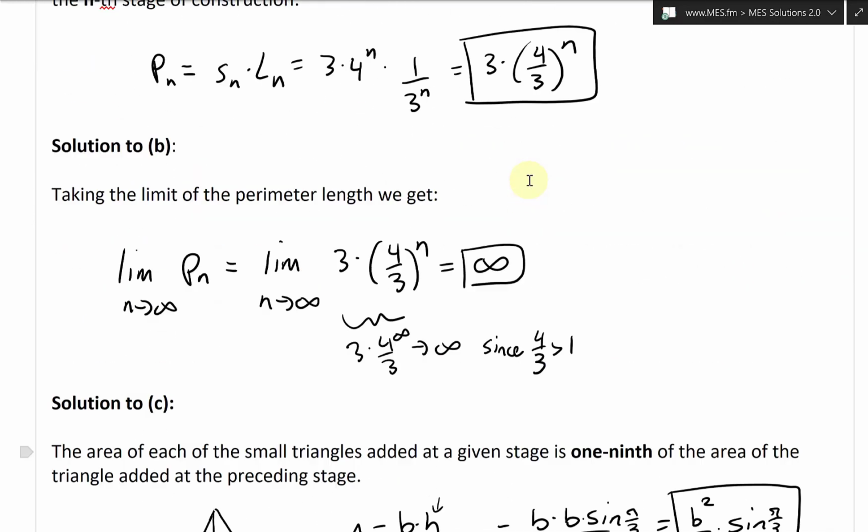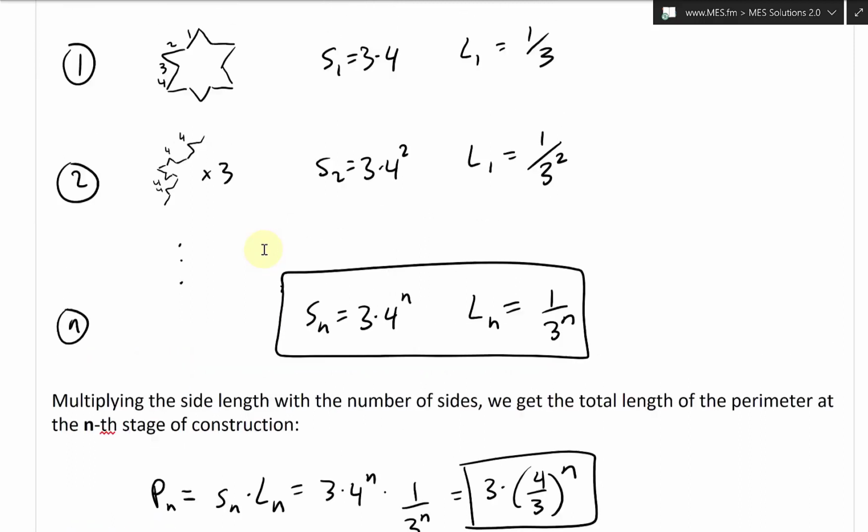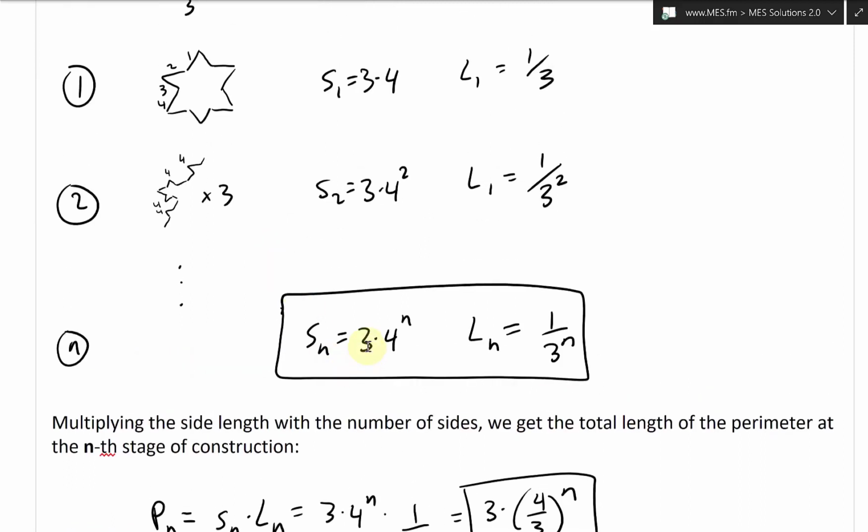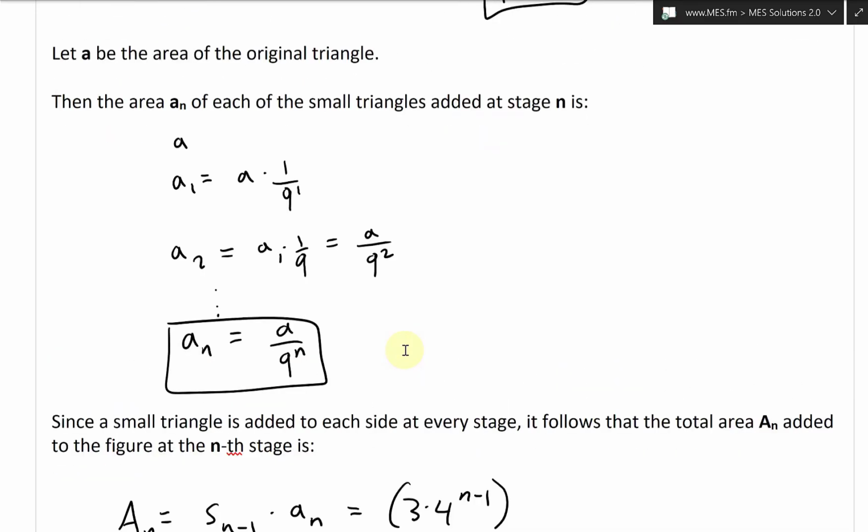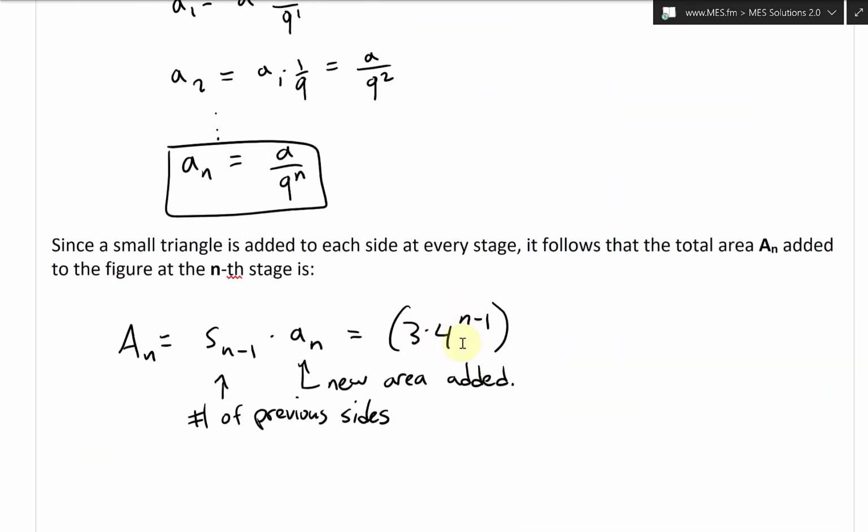Remember our formulas we set up for part A. So S_n equals 3 times 4 to the power of n. But we're looking at the previous one, so n minus 1. Then S_{n-1} is equal to 3 times 4 to the power of n minus 1. And the next one is a_n, that is a over 9^n.